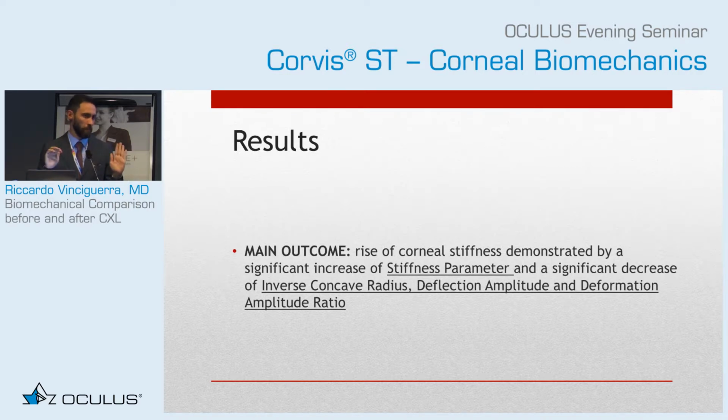Let's make it simple. If the cornea gets stiffer, it will deform less. Correct? Fine. So if it deforms less, the radius of concavity will be wider. But it's the inverse radius, so it gets lower. The stiffness parameter instead makes sense: it gets stiffer, it goes higher.